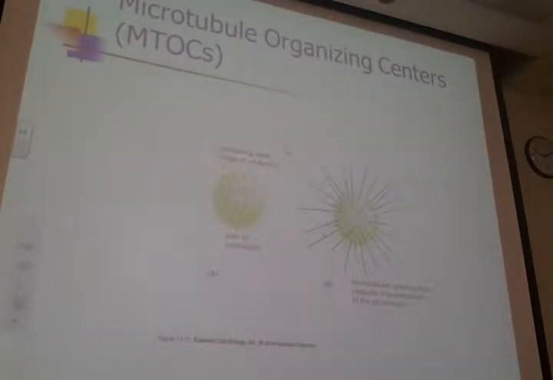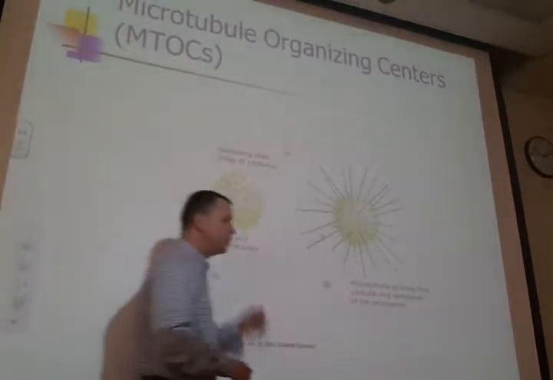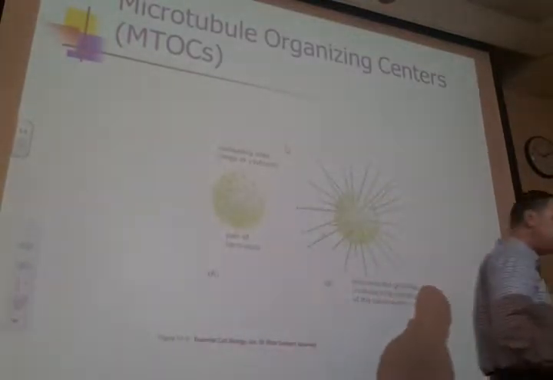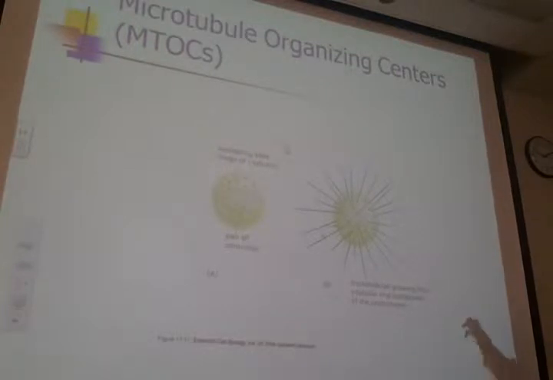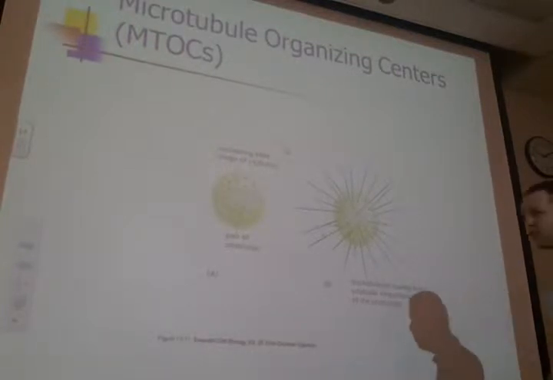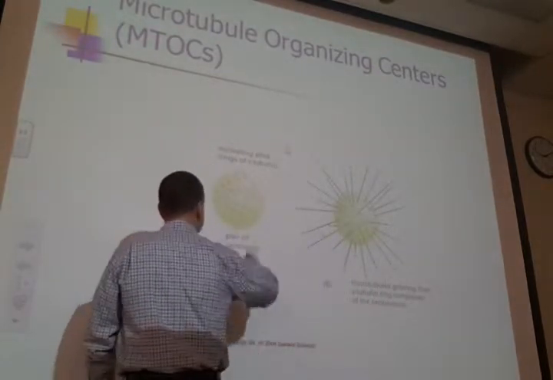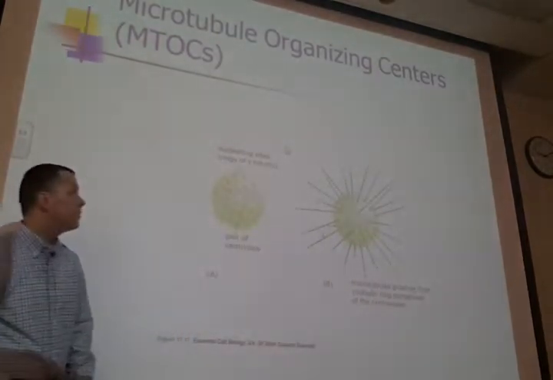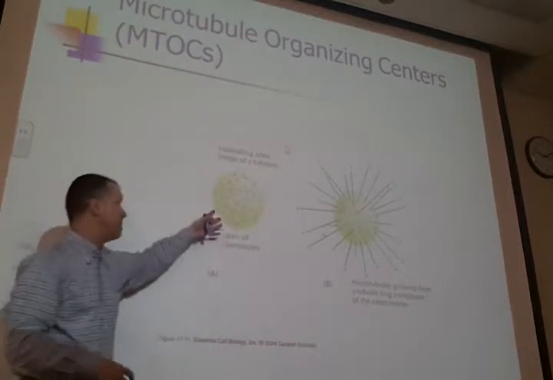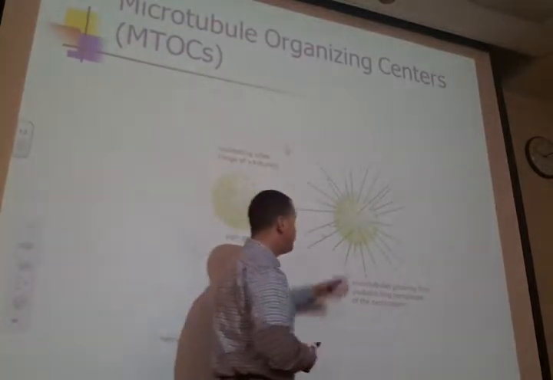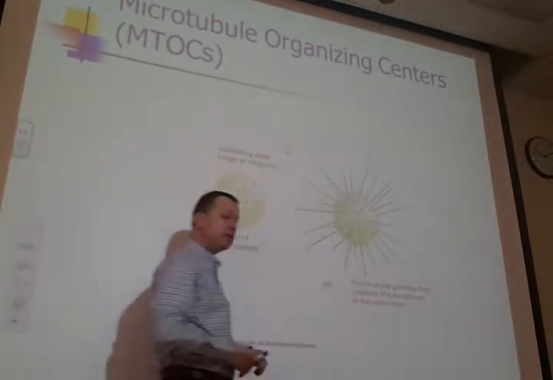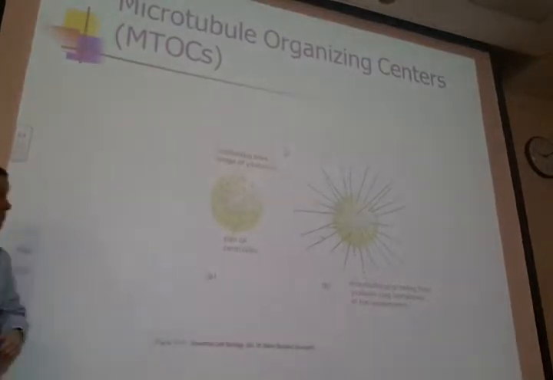Hopefully you remember that from at least Bio 110 in terms of this is one of the things we look at, say, in prophase of mitosis, right? The centrosome copies itself, and then the two copies move to opposite ends of the cell, opposite poles of the cell. And it turns out that they do that because out from the centrosome grows all of these microtubules, as we'll see in a second.